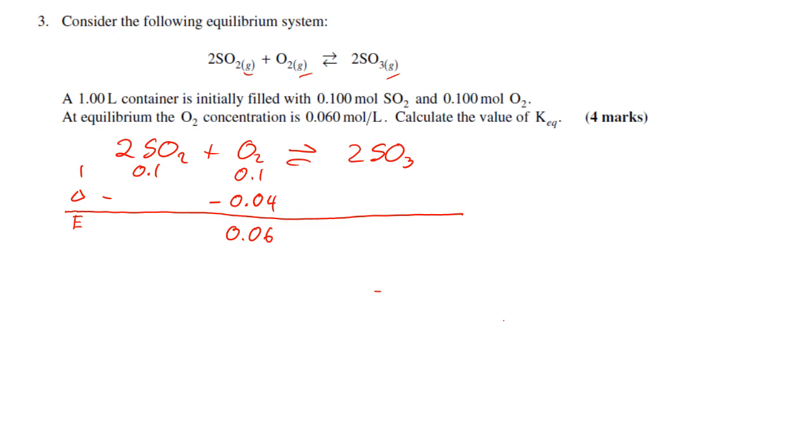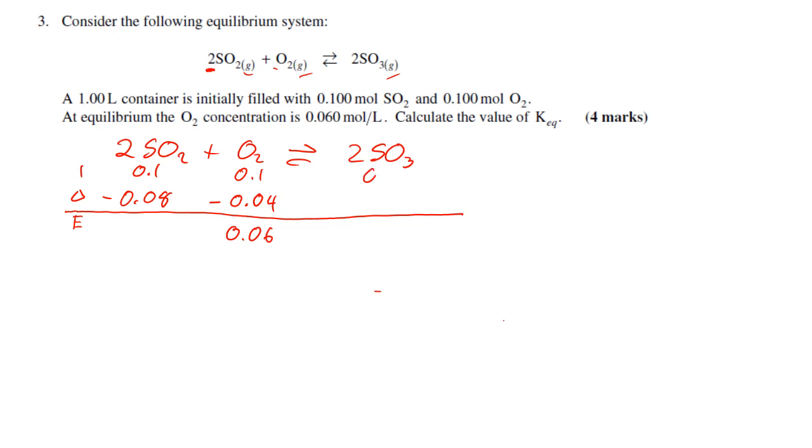Now, how much did this one decrease by, the SO2? Well, since it has a coefficient of 2 in front, it's going to decrease by twice the amount. So it's going to decrease by 0.08.